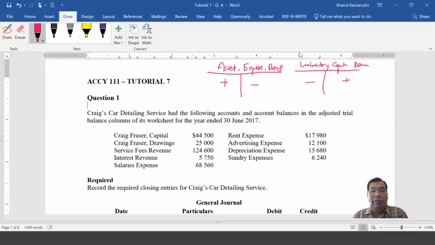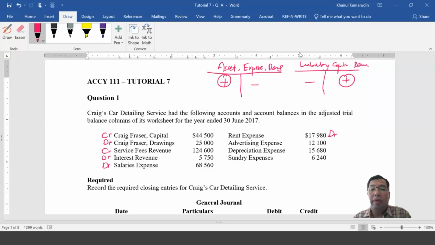Okay, let's go one by one. For capital, credit, I'm going to put here credit. Drawing, debit, very good. Service revenue, credit. Expenses, debit.